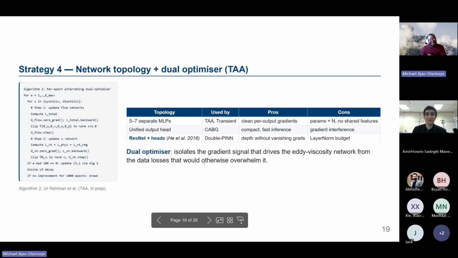Now we also have things like network topology. How do we determine that? And the usage of a dual optimizer. So importantly, solving with two neural networks is sometimes a very quick way of solving a problem rather than sticking it into one neural network. So things like that. We had an algorithm in one of the papers that is also published. You can read it.